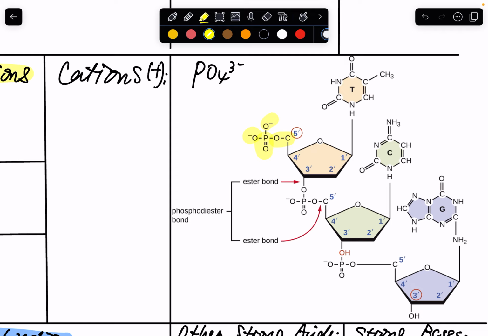But once the phosphodiester bond is formed, only 1 oxygen is negative. Of the other 3 oxygens, 2 are bonded to carbon and the other one is neutral the whole time, right? This is what reminds me of DNA when I talk about phosphate. Really, this is the DNA backbone, and this phosphodiester bond is really important. If you want to know how this bond is formed from the organic chemistry perspective, who the nucleophile is and who the electrophile is, please refer to my video called DNA replication in my biology playlist, all right?